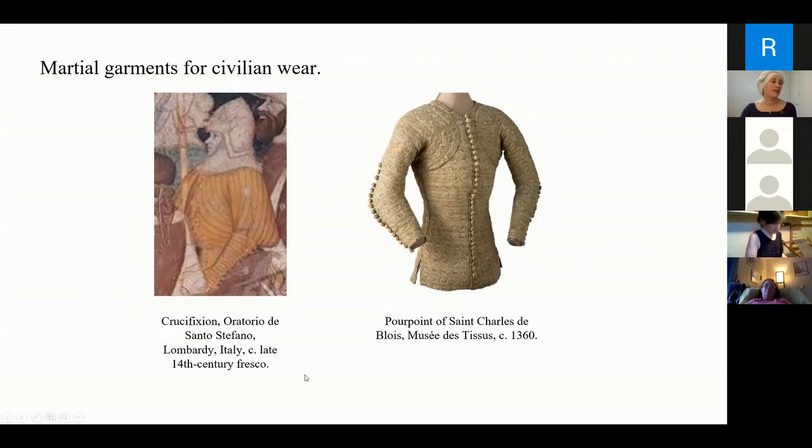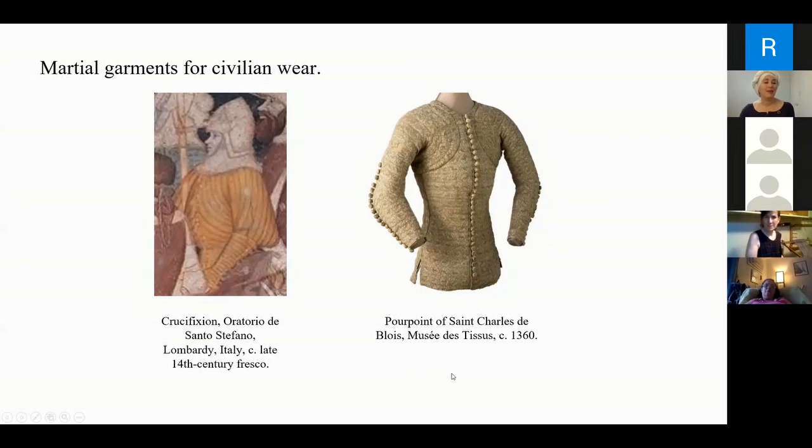So on the left, we have an actual image from a chapel in northern Italy showing a procession of soldiers. And so you see the quilted garment that the soldier is wearing, this knight on horseback.